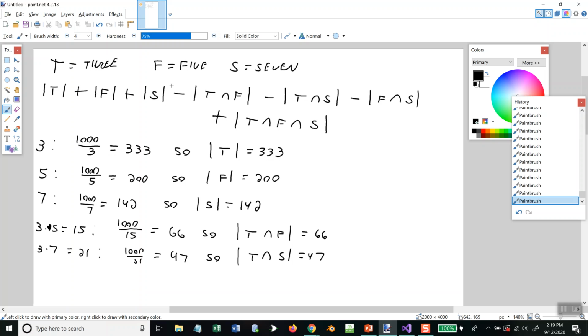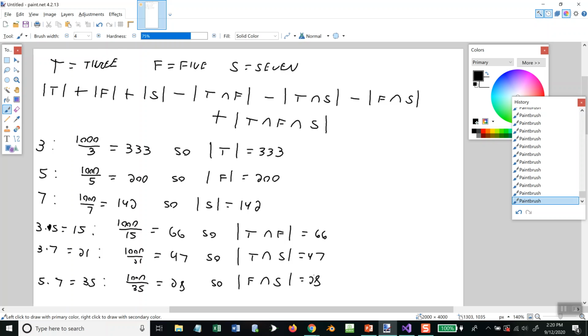Okay. Now we need F, which is 5, times S, which is 7. It gives us 35. Same principle. Take 1,000 divided by 35. That gives us 28. So the cardinality of F and S is going to equal 28.